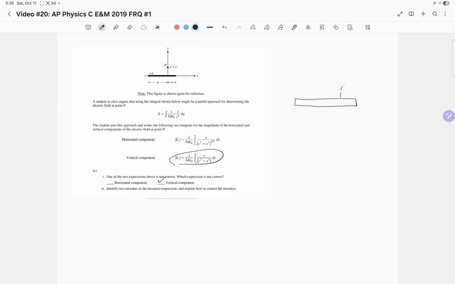This is y equals c, point P. So if we're looking at the electric field at point P, let's first, yes, give me a second here.